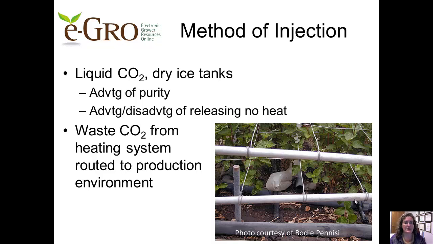Waste carbon dioxide from combustion-based heating systems is routed into the production environment. So essentially CO2 doesn't have to be generated. The waste CO2 from the heating system, if it's pure enough of course, is just routed to the production environment and taken advantage of with increased growth.